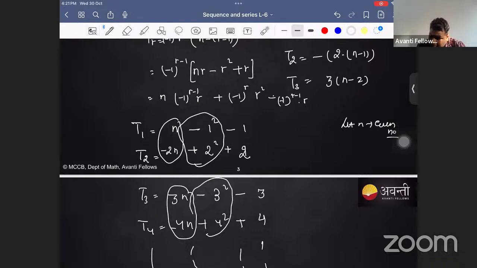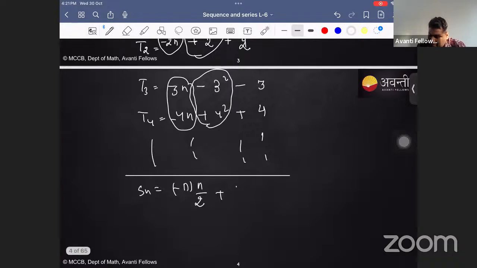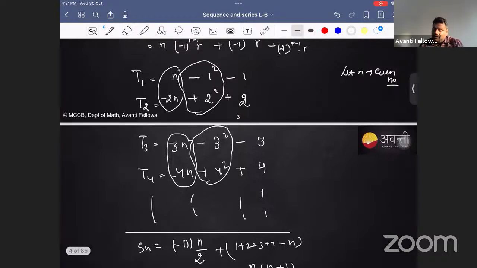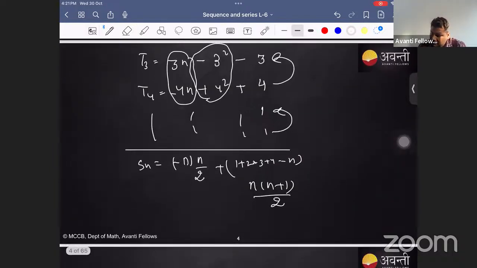Then 4 square minus 3 square, 4 minus 3 is 1, 4 plus 3. So it will be 1 plus 2 plus 3 plus 4 up to 2n, which is n into n plus 1 upon 2. Then this 2 minus 1 is 1, 4 minus 3 is 1, 6 minus 5 is 1. So it will be plus n by 2.